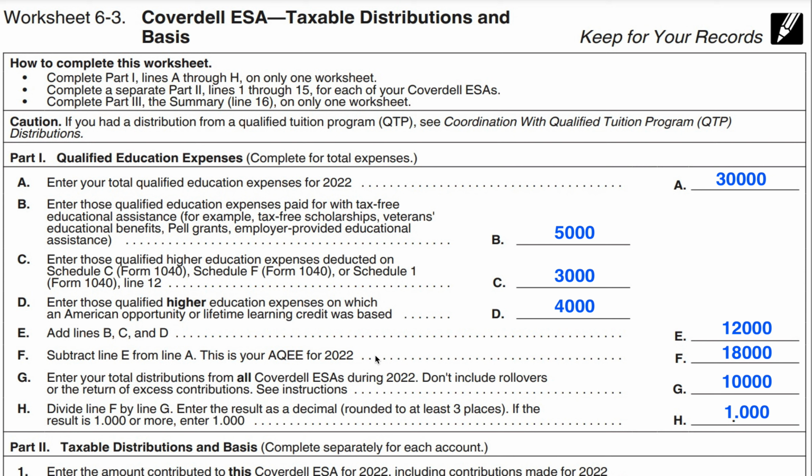So this is done in 3 parts. In part 1, we calculate what is known as the adjusted qualified education expenses, known as AQEE, and how much of your distribution went to pay for those expenses. For part 1, you'll do this for all Coverdell ESAs on only one worksheet.